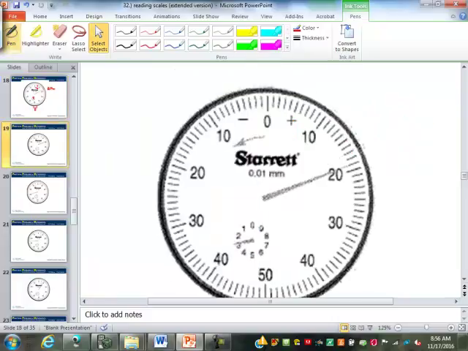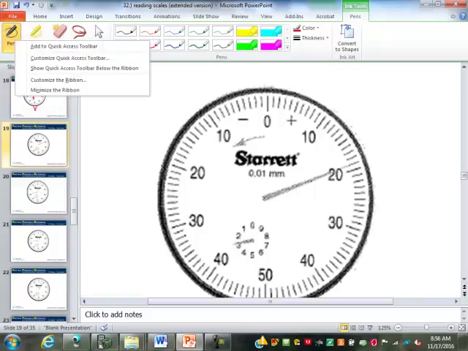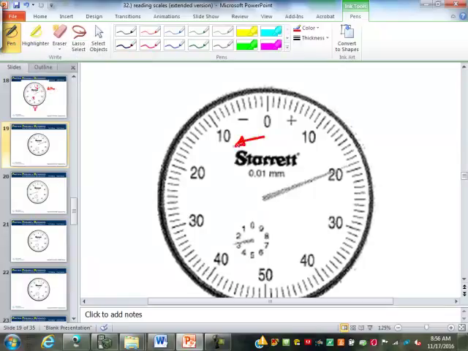For this one, what are some things you notice that are different here? Yep, it still goes both ways, and here the arrow is pointing this direction, which means that dial has gone around this direction. Now, the little needle is between 2 and 3, which means it has moved 2 complete rotations.